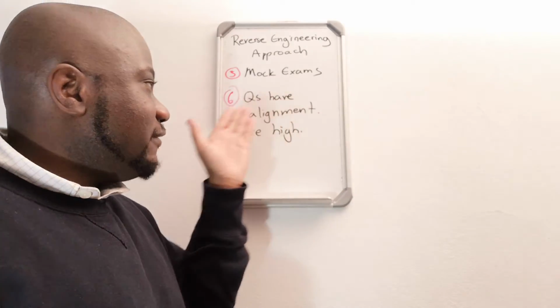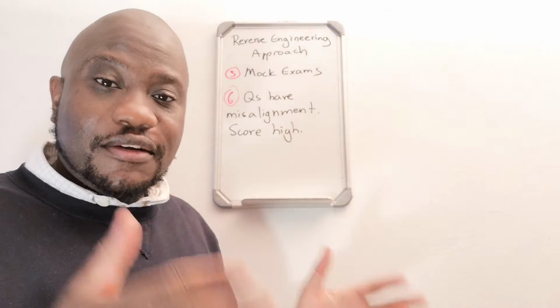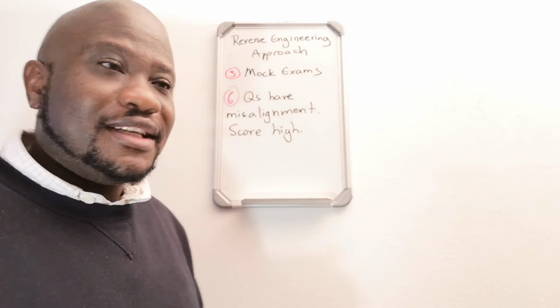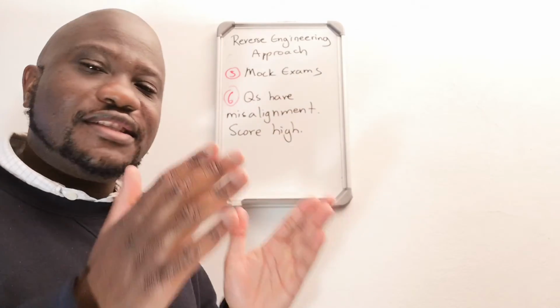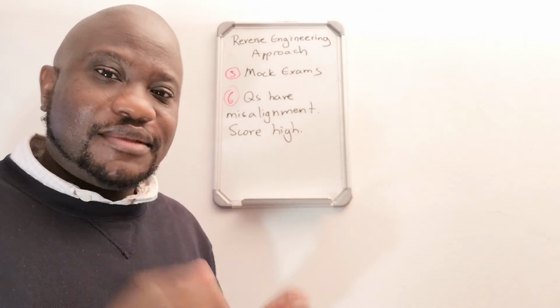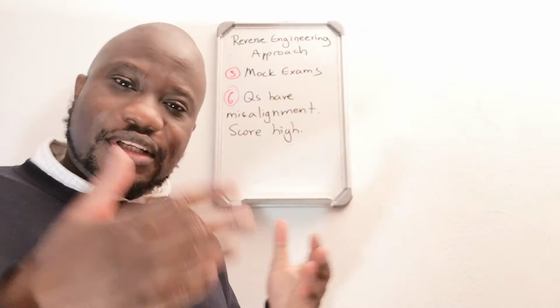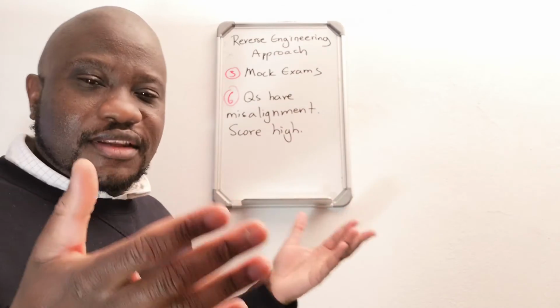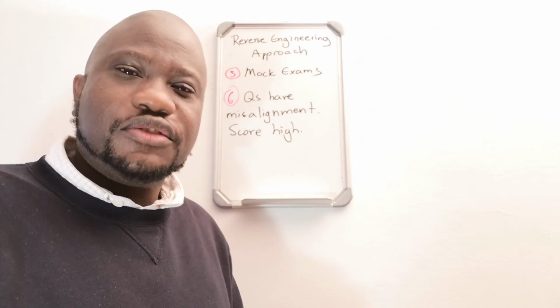The questions have misalignment. That is, the bank of questions on these websites are not completely the same as those that are found on the SACAA exams themselves. Now, of course, this is not allowed, but they're pretty much close to them.